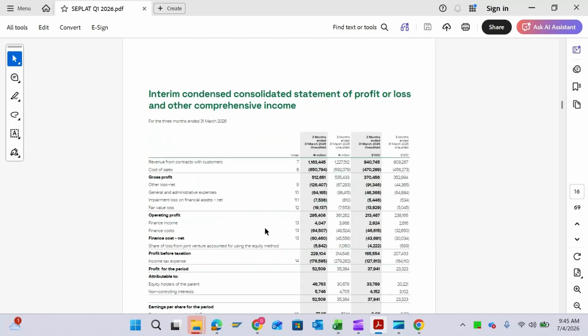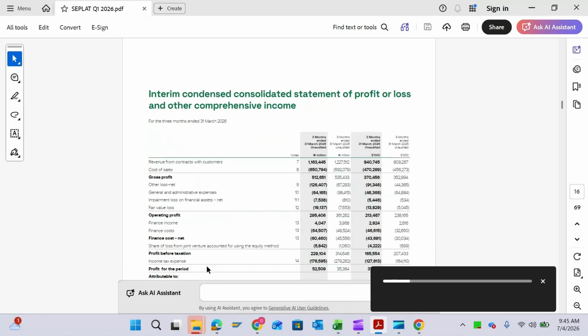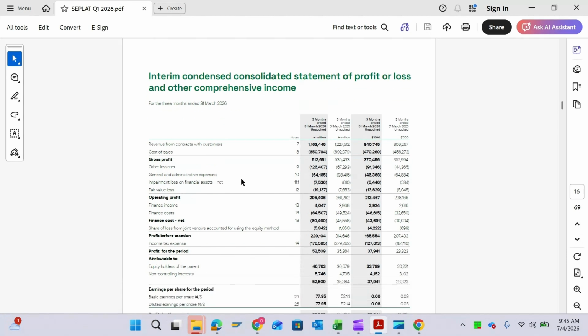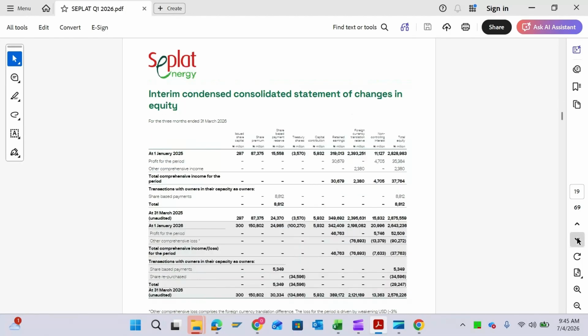So let's go to what made up this general and administrative expenses. So we go to note 10. So let's find our way to note 10.